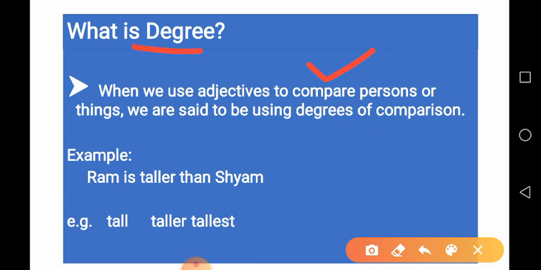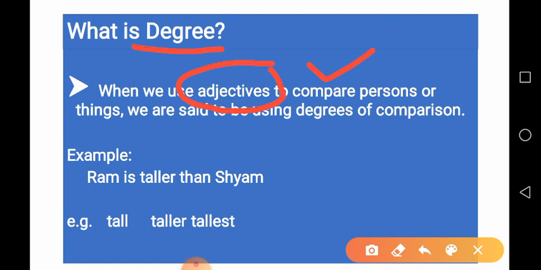So, degree is equal to comparing, means degree is used to compare, and to make such comparison we use adjectives. So, adjectives are used to make comparison.